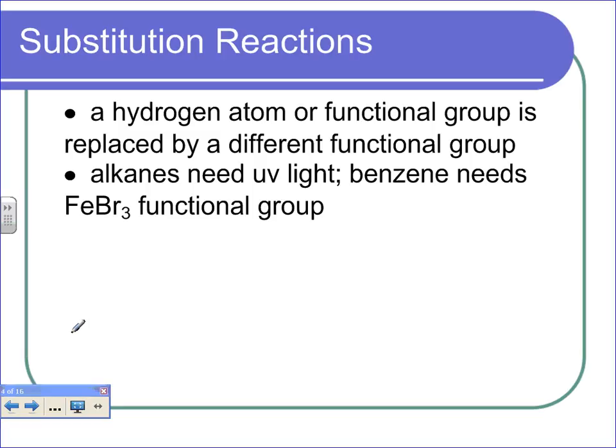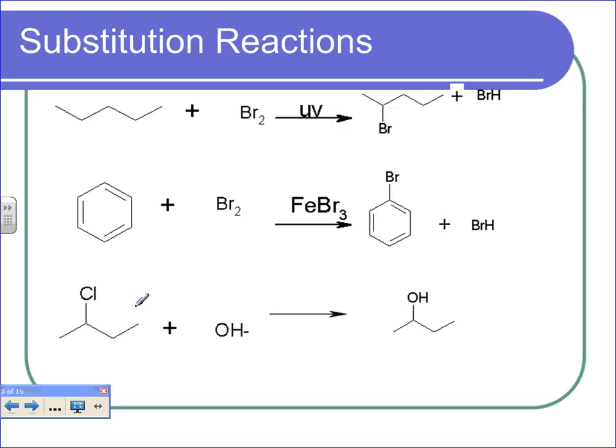For substitution reactions, they involve alkanes and benzene or aromatic hydrocarbons. In these reactions, we're going to need a bit of help, okay, with UV light or a catalyst of FeBr3, okay, in order to allow the reaction to occur. These aren't going to be addition reactions, they're instead going to be a substitution reaction. So we'll look at how that occurs.